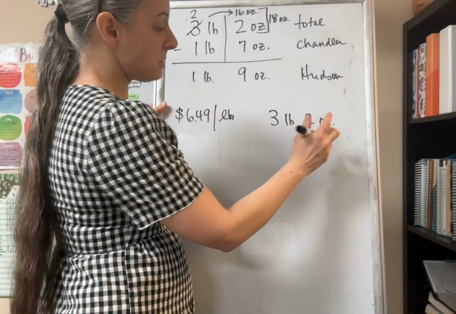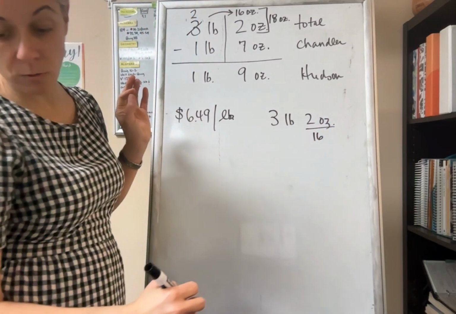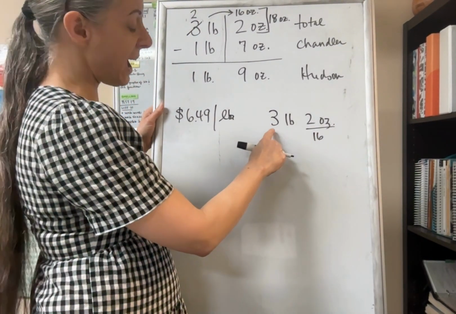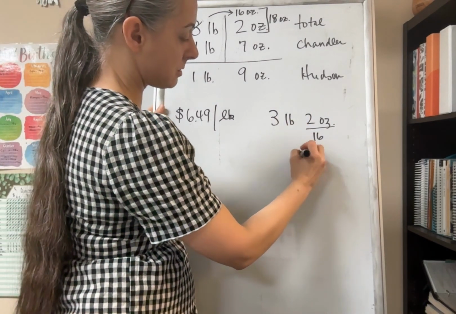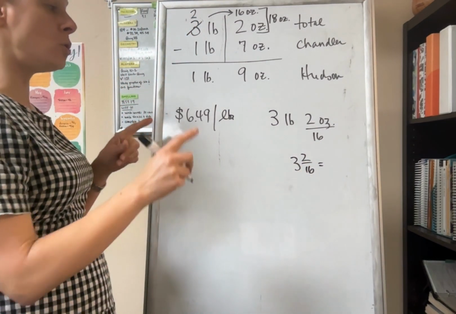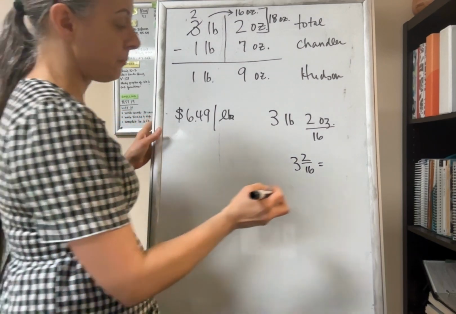Well, 2 ounces means 2/16 of a pound. So I really have a mixed number, 3 and 2/16.